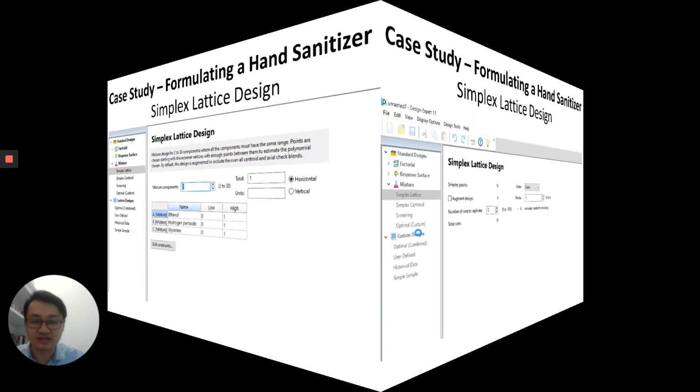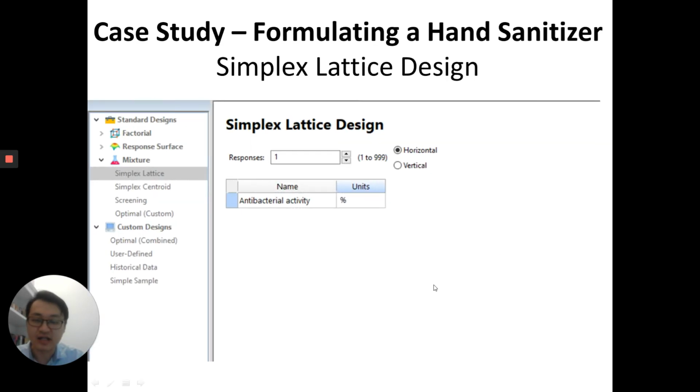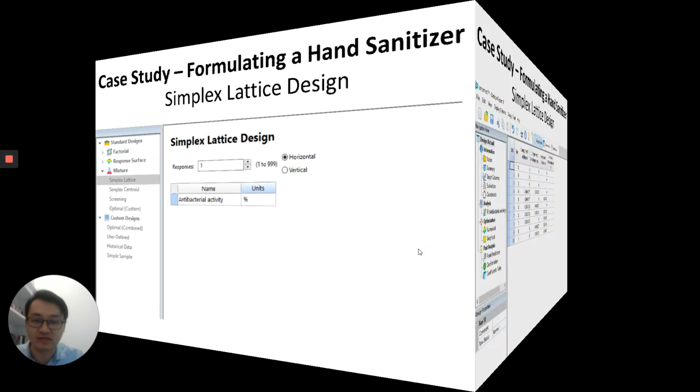So next, we choose the cubic so that n equal to 3 and the proportions will be 4, which is n plus 1 equal to 4. So you will have 10 runs, and then the response is antibacterial activity in percentage, let's say, which proportion or which combination or which formulation can give the highest antibacterial activity.